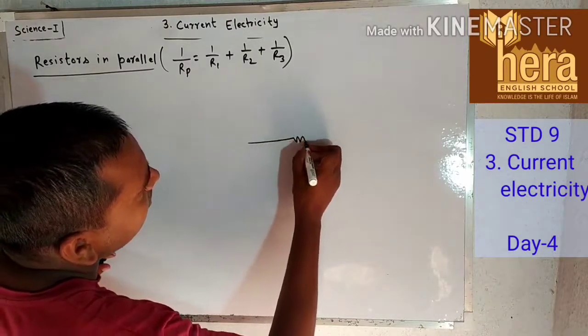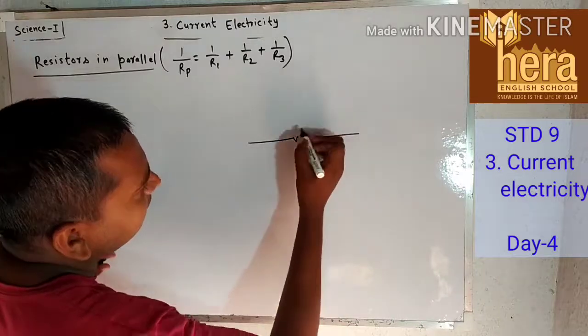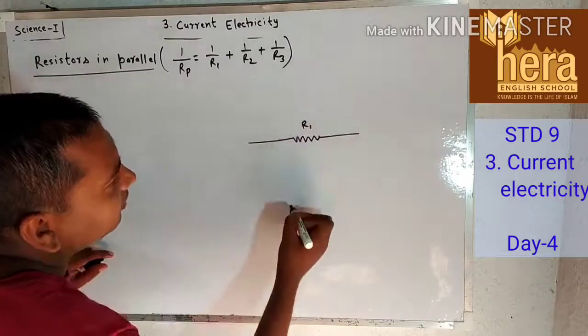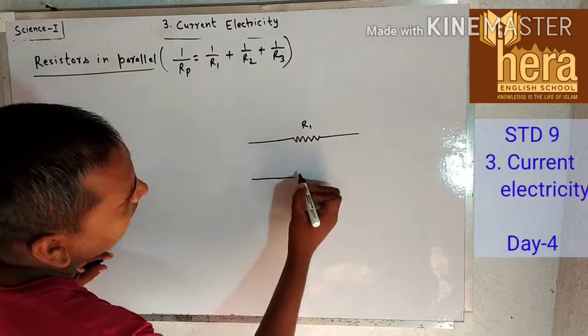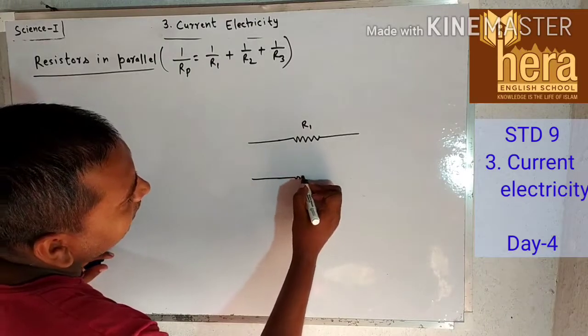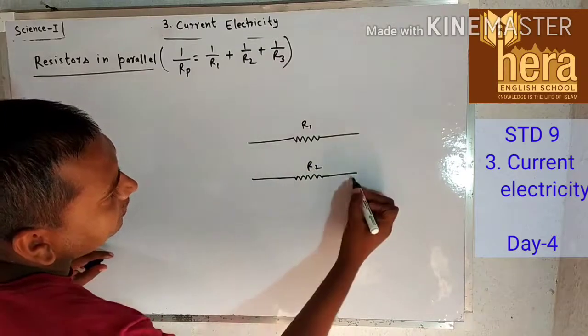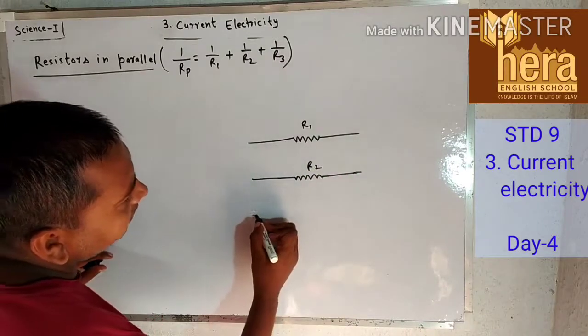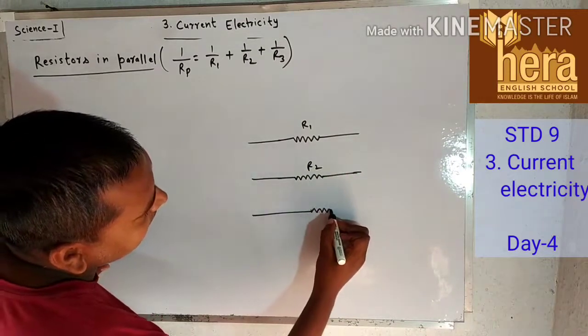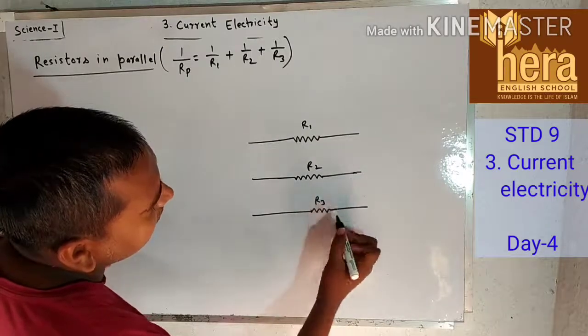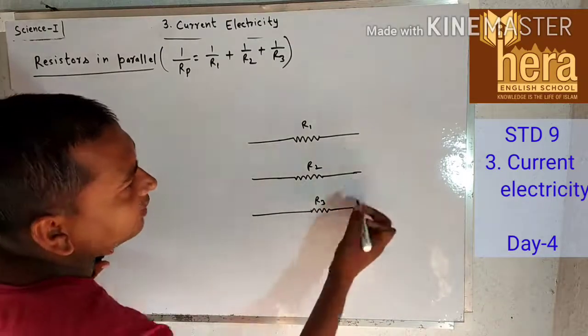See, there are two resistors having resistance R1 and R2. Or we can take some more resistance. This is R3.